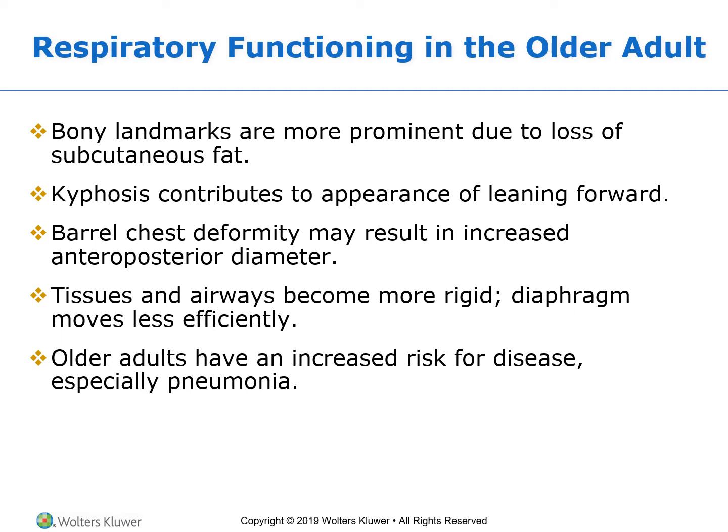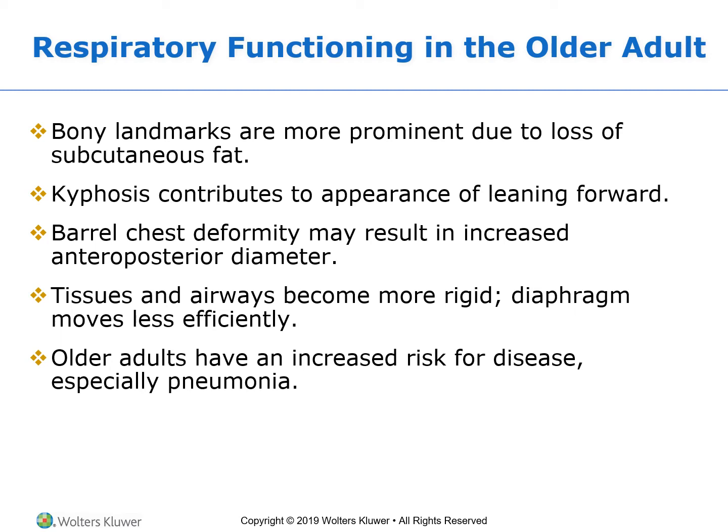They're going to become more bony, so you can see those landmarks on them. The respiratory and abdominal muscles are going to be weaker. Okay, what controls a lot of that is skeletal muscle and other respiratory muscles. So these muscles become weaker. The diaphragm becomes less efficient. The chest can't stretch like it used to.